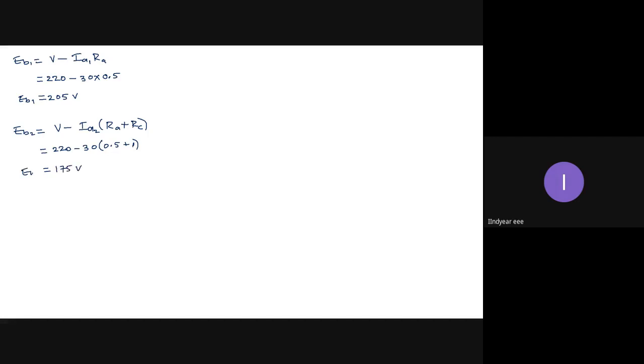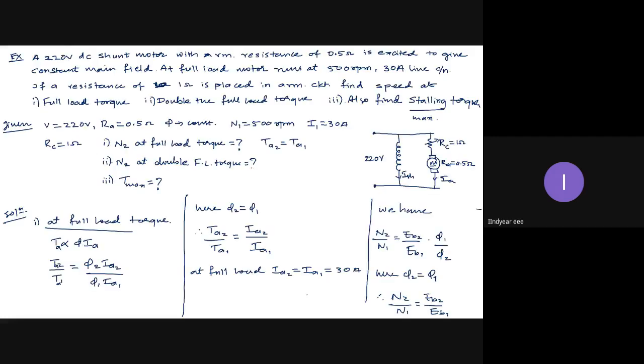So observe here. There is a change in back EMF, therefore there should be a change in speed. Don't directly jump to the conclusion that the given things are at full load only, therefore speed will not change. No, the speed will change because the back EMF is different.